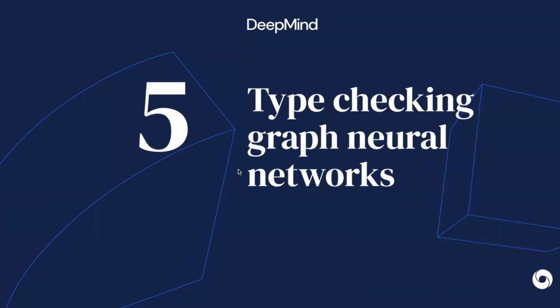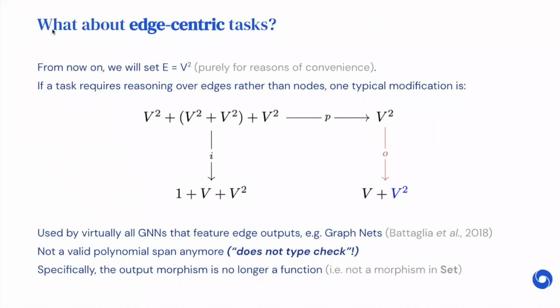So this now finally lets us talk a little bit about what we mean by type checking graph neural networks. Specifically, let's imagine that I don't want an output just over my nodes, but I want an output over my edges as well. For now, just to keep things a bit more convenient notationally, I'll set the edges to be V squared, so I'll assume a fully connected graph.